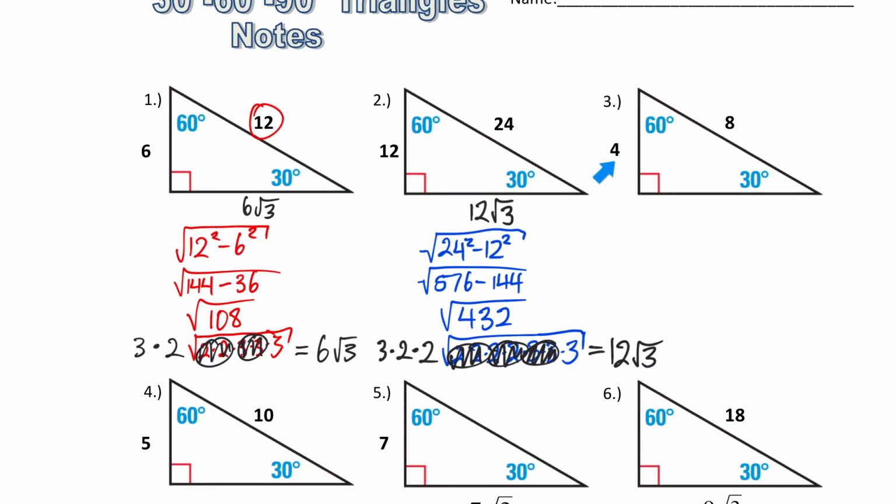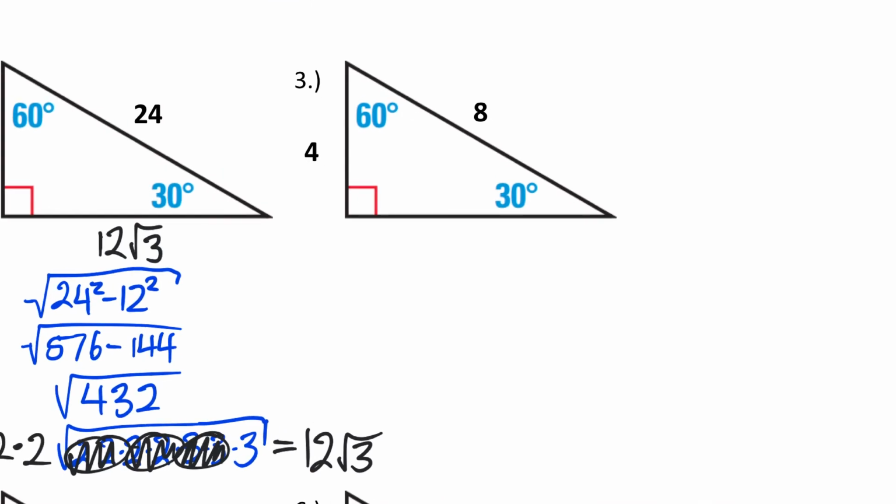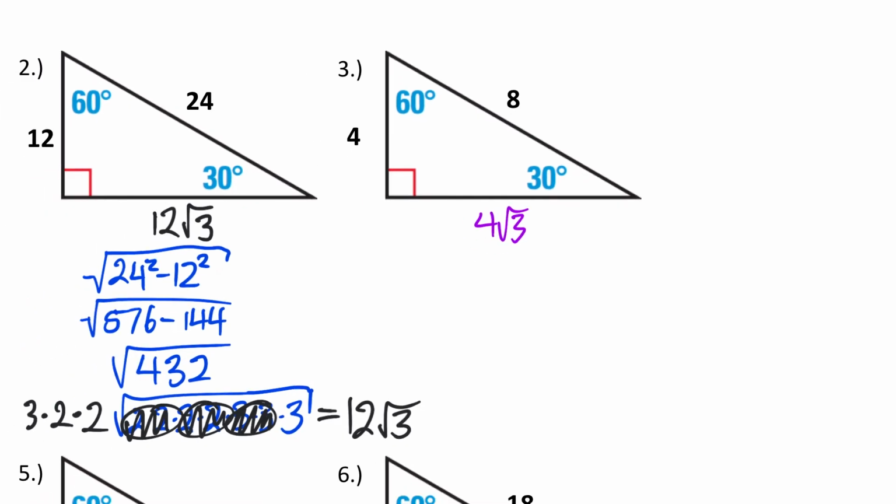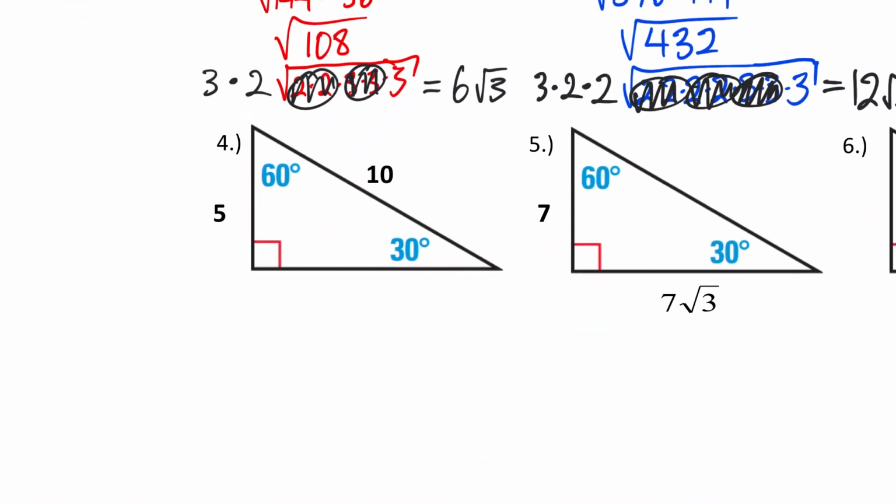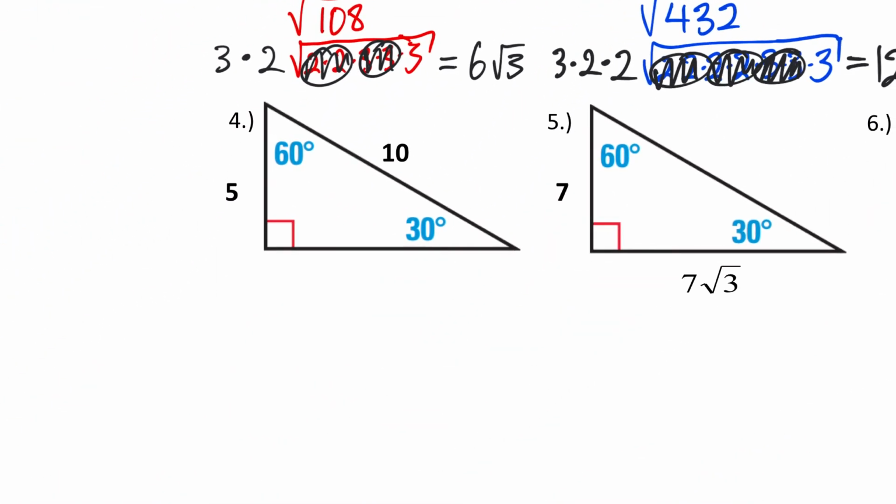Okay? So following that rule, how long do you think this missing side is going to be on number 3? It's going to be 4 square roots of 3. And if we did the Pythagorean theorem on that, you would see it gives you 4 square roots of 3. It will always work like that. On number 4, how long do you think that missing side would be? It would be 5 square roots of 3.